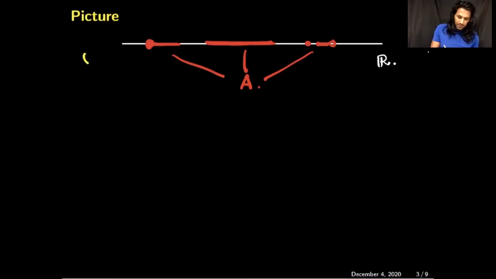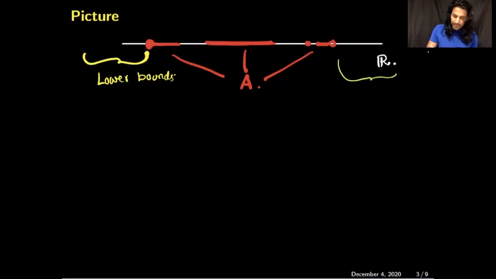The lower bounds of the set live on the left-hand side of the set. So all the elements on this side will be lower bounds. And the upper bounds, on the other hand, live on the right side of the real line.